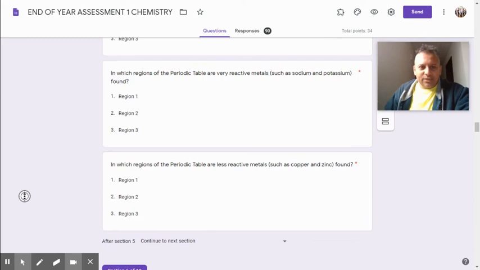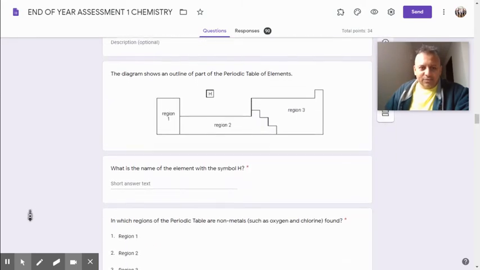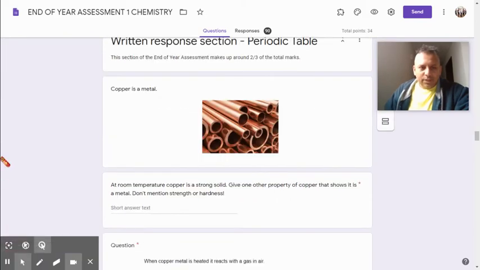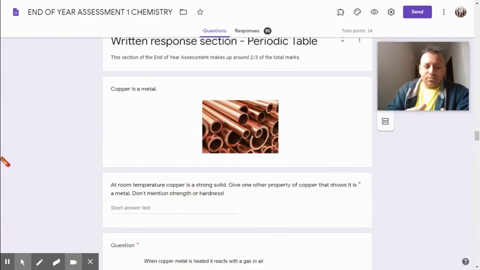And finally, in which region are less reactive metals such as copper and zinc found? That is region 2. The next question after that could have had several different answers, but you shouldn't have mentioned strength or hardness, because that was actually in the question itself.